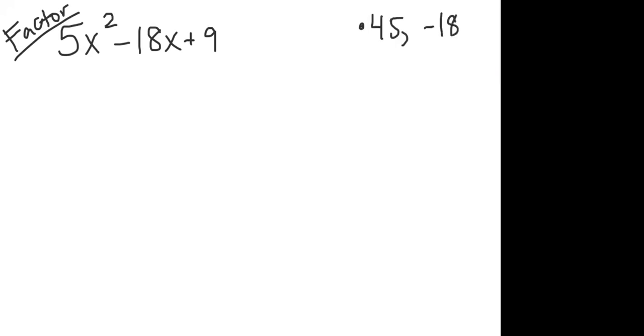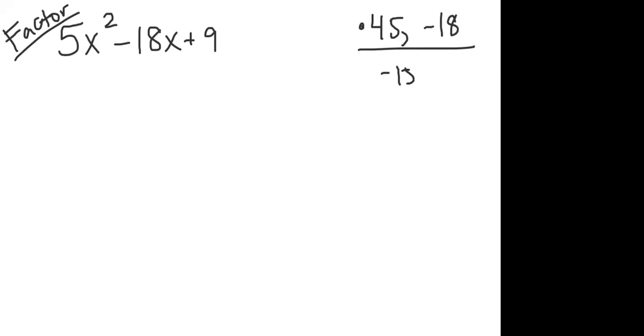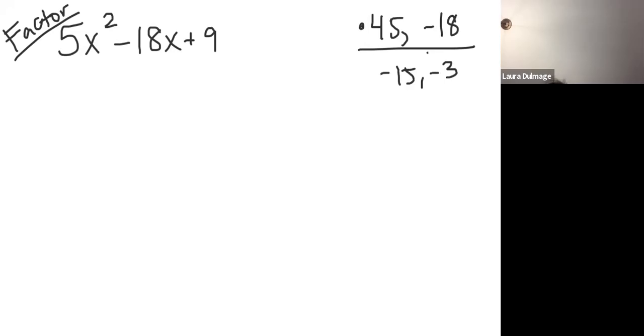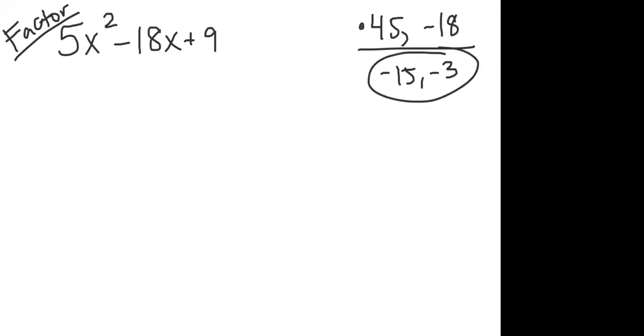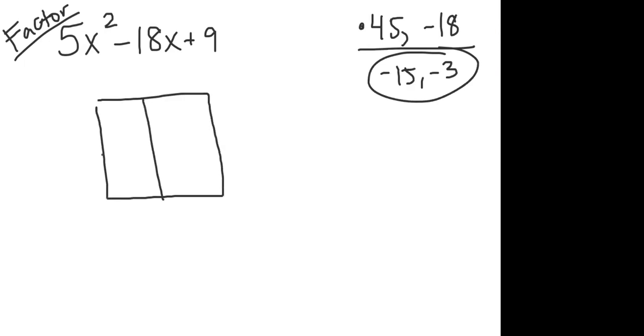Awesome. And what did you find those two numbers to be? Negative 15 and negative 3. Thank you. All right, Jackson, what'd you do next? Then I created the box. Okay, and tell me one thing that you put in it. I started off with just putting 5x squared at the top left.